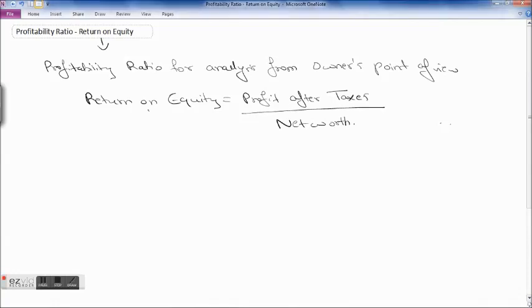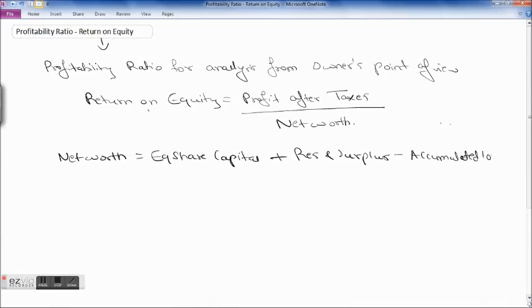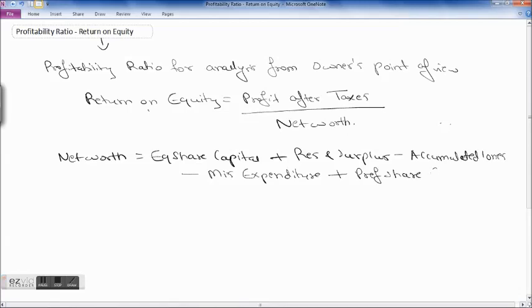Okay, so one is your net worth is equal to your equity share capital plus reserves and surplus minus accumulated losses minus miscellaneous expenditure, okay, plus your preference share capital.